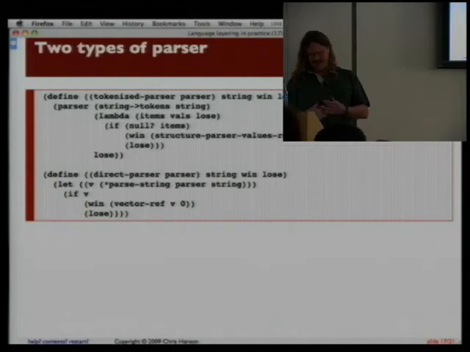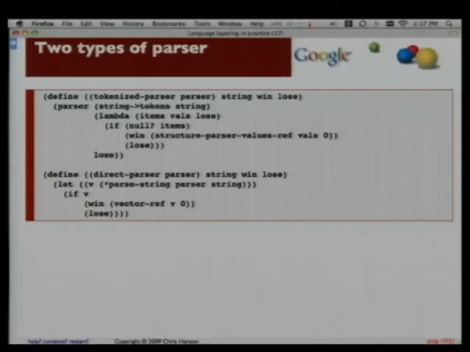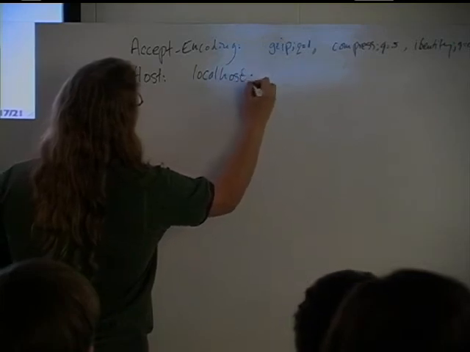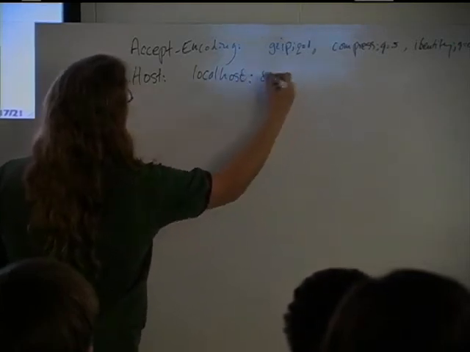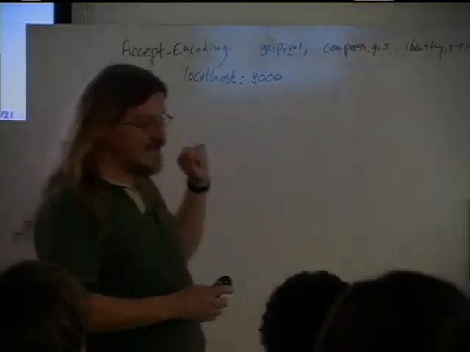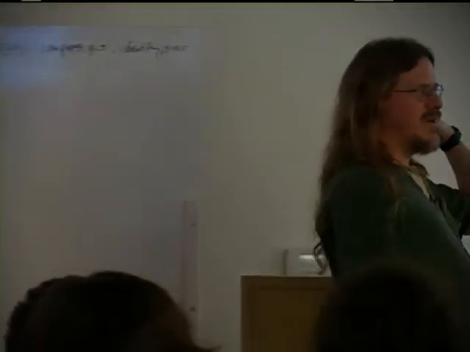Now, there is a problem with HTTP, which is that there are headers that don't use the same tokenization. For example, I think the standard one that I would think of is the host header. Host takes a thing like localhost:8000, let's say. I don't remember if there's anything else in there. And this thing does not use HTTP tokenization.